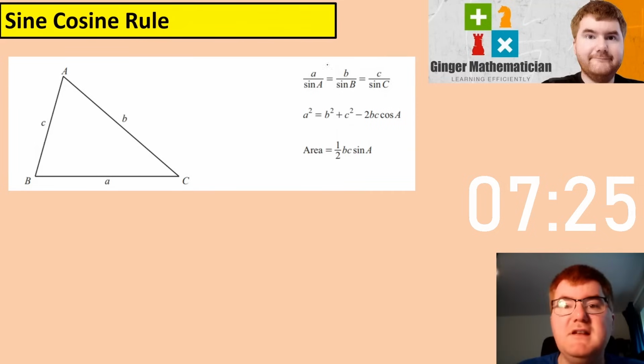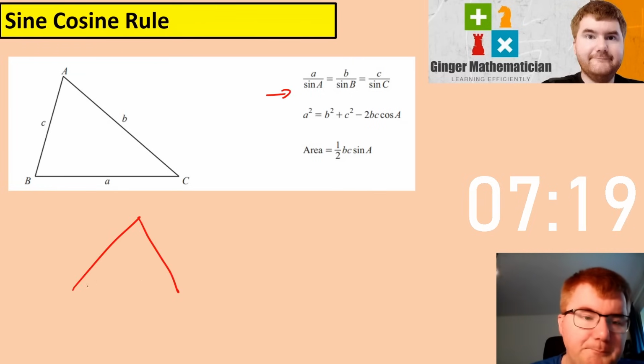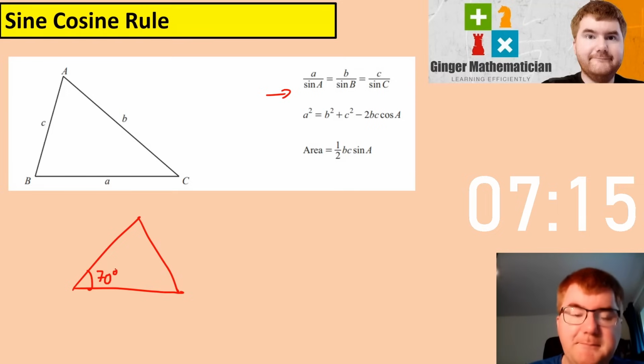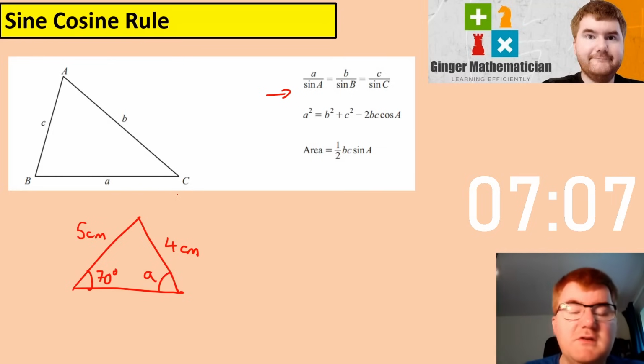Sine and cosine rule, these are the rules on here. So we have to use these rules to work out missing sides and angles. So say I've got a triangle, it looks like this, and I have the angle of 70 degrees here. I have this side of 4 centimeters, this is 5 centimeters, and I want to work out this angle. Again, I have to recognize which sides and angles I have. I have a side and opposite angle, so I want to use the sine rule.